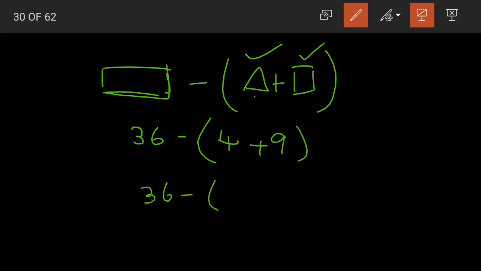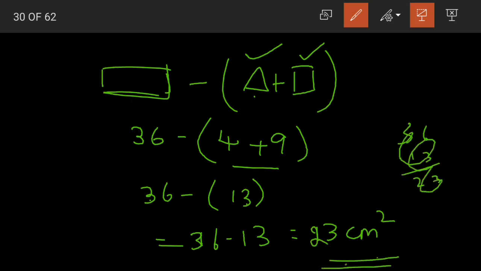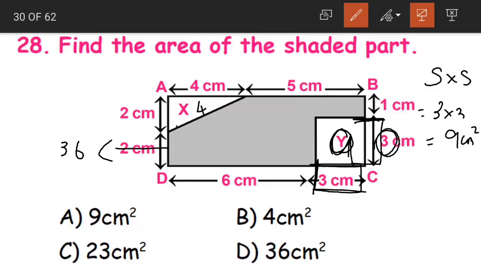So 36 minus 4 plus 9, 13, that is equal to 36 minus 13, that is nothing but 23 centimeters square. Now what is this 23 centimeters square? This is the area of the shaded figure. Understood? 23 centimeter square is the area of our shaded figure.